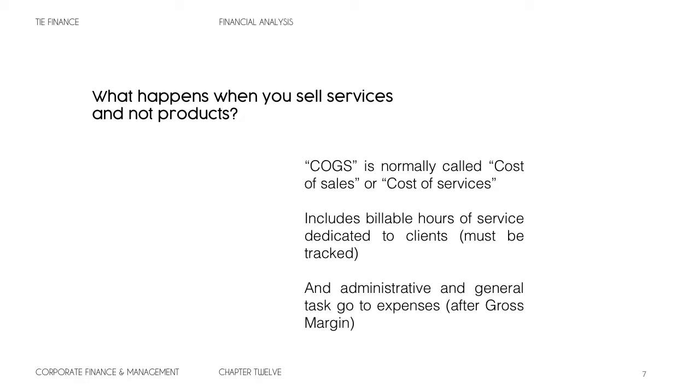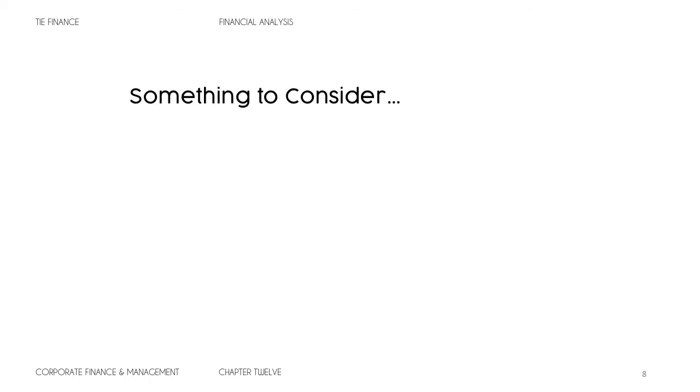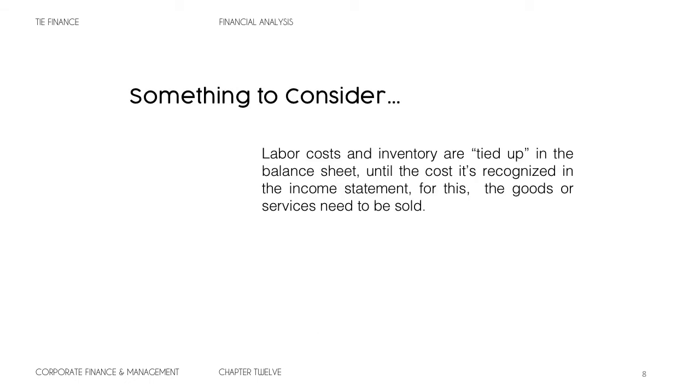Administrative and general tasks, they just go to expenses. This is everything after gross margin, remember? Like electricity or water, so something to consider. Labor costs and inventory are tied up in the balance sheet until the cost is recognized in the income statement. For this, the goods or services need to be sold first.